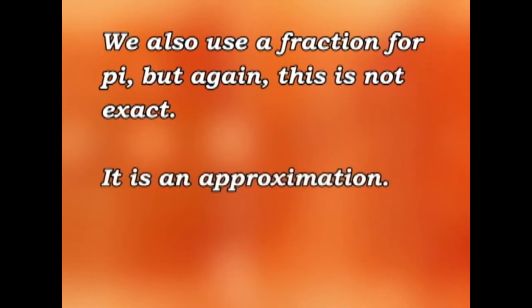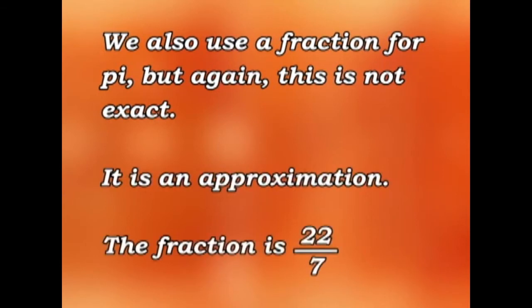We can also use a fraction for pi, but again it's not exact. It's an approximation. The fraction we use is 22/7. If you try and work it out, you'll see what I mean when I tell you it's never-ending.